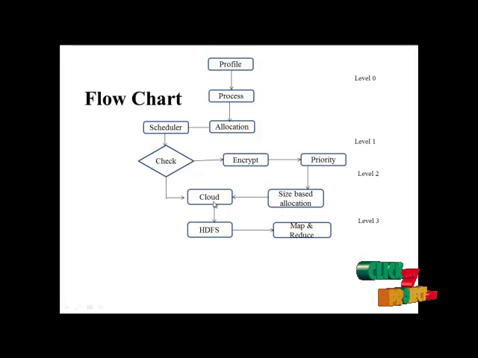After the data is stored on the cloud server, at the same time the particular job is stored on the HDFS, the Hadoop Distributed File System. So the data is stored on the cloud server and the Hadoop file server, and then checked for mapping and reducing.